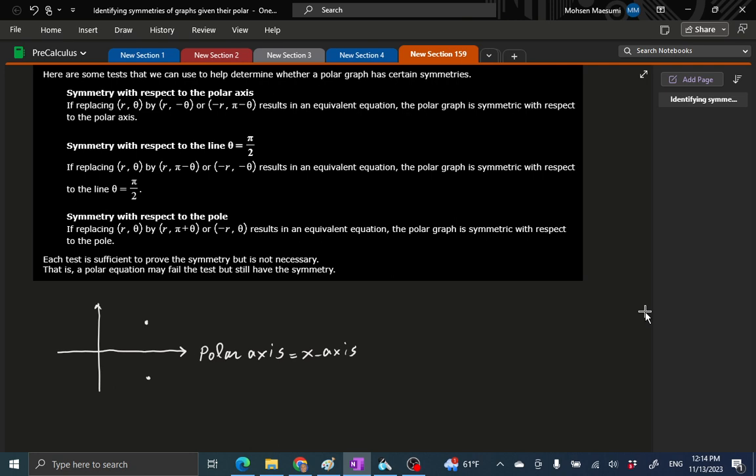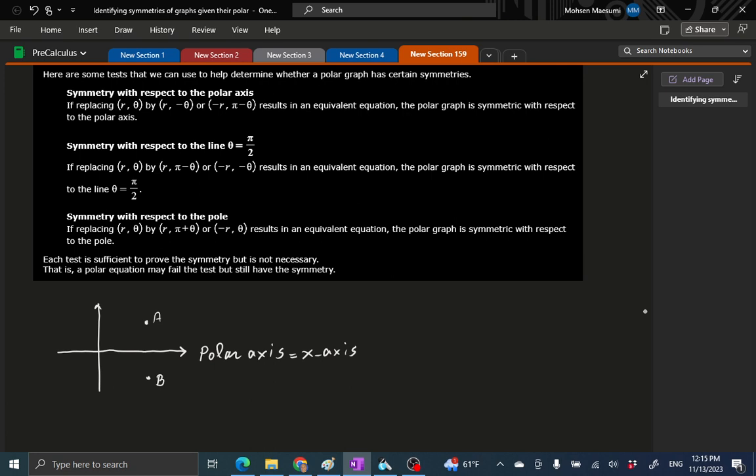Meaning, if I flip this, let's call this point A and this one point B, if I rotate this picture around the x-axis, then A comes on top of B and B goes on top of A, and the final picture looks like what we had at the very beginning. So it is symmetric with respect to the polar axis. If we have a shape like this, we say that shape is symmetric with respect to the polar axis.